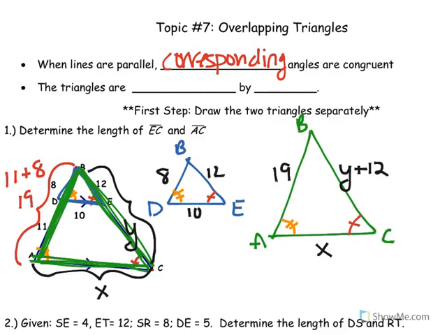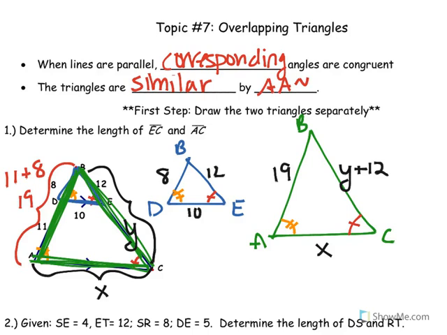Now, I've drawn the two triangles separately and carried over all my measurements. How does this help me? Because corresponding angles were congruent, we knew that there were two angles in one triangle that were congruent to corresponding angles in the other triangle, which means the triangles are similar by angle-angle similarity.